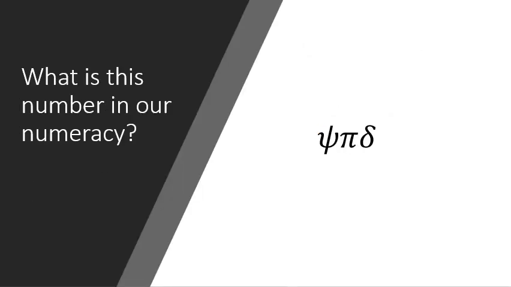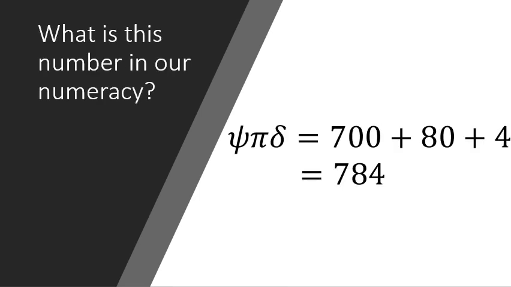So if we have this symbol, what number does it represent? What we do is simply get the equivalent of these numbers. Basically, the Greeks had to memorize what each letter represents in their number system.